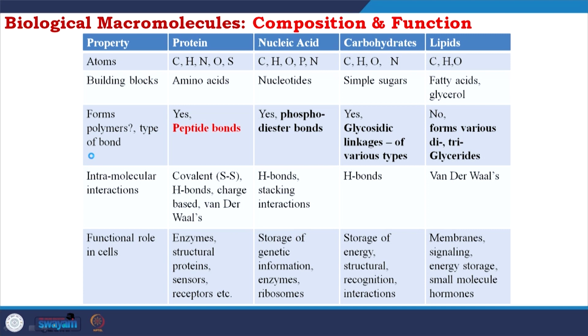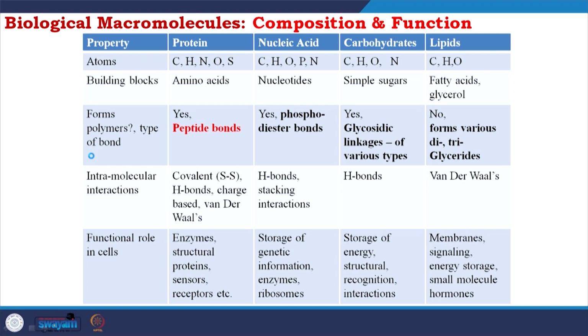Carbohydrate uses carbon, hydrogen, oxygen and nitrogen. Lipid uses carbon, hydrogen and oxygen. The building blocks, as I told in the last slide, for protein it is amino acid, for nucleic acid it is nucleotide, for carbohydrate it is simple sugars and for lipid it is fatty acids and glycerol.